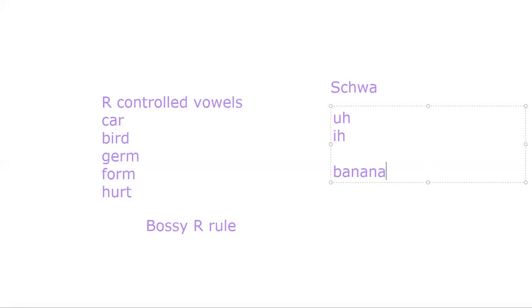But how do you pronounce this? It is b, and then a, and then n, and then a. So the middle A is giving the original sound, but the remaining two A's are not giving the original sound, they go unstressed.